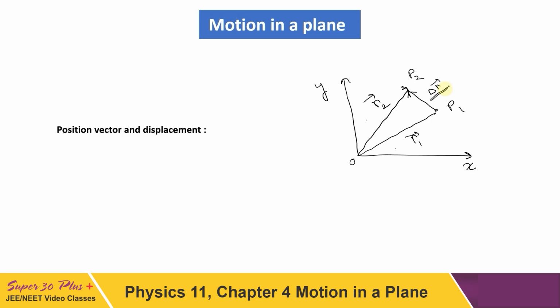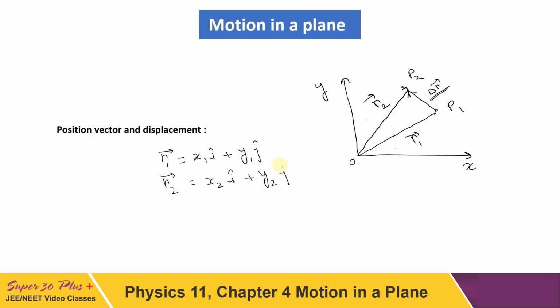So now r1 can be written in rectangular component form as x1 i plus y1 j. You all must be familiar with this kind of notation, which is vector representation in component form. And similarly, r2 can be written as x2 i plus y2 j.